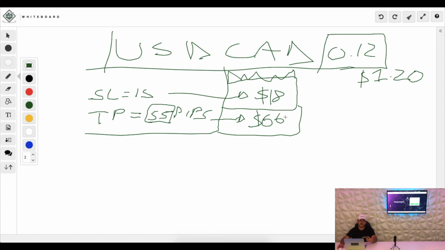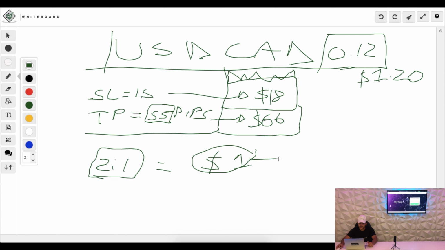Inside Ether Forex community, we only trade with the risk reward minimum of 2 to 1, meaning that for each dollar that we are willing to lose, we're gonna make 2. In this example, it's more.